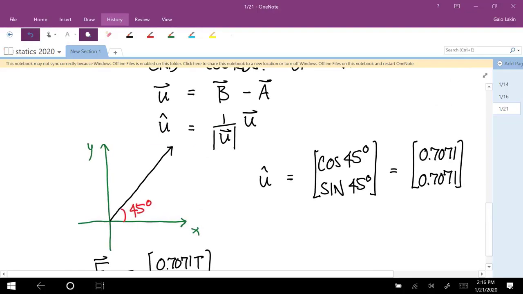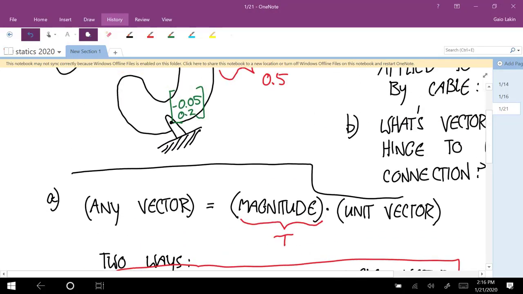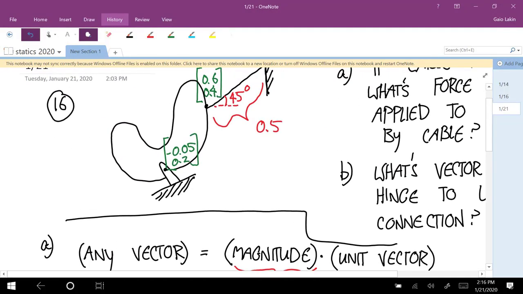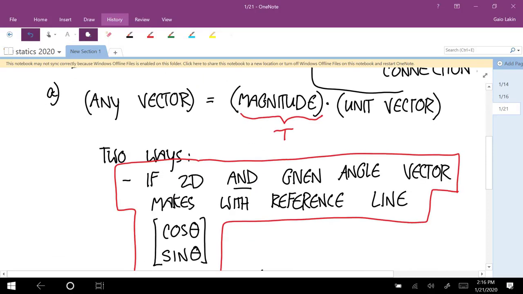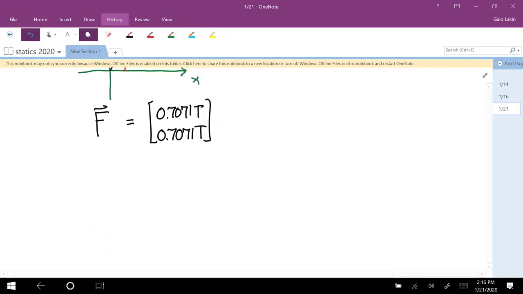Okay, and then part B. So now what's the vector? So the vector we want is from the hinge to where the cable connects with the wall.